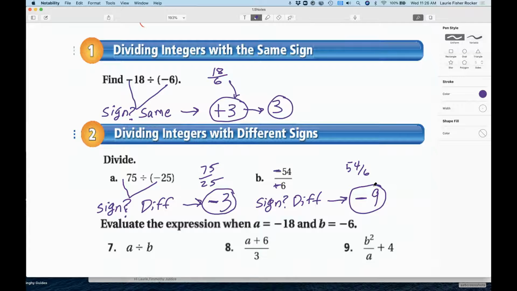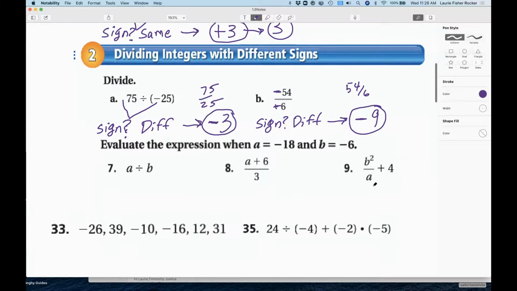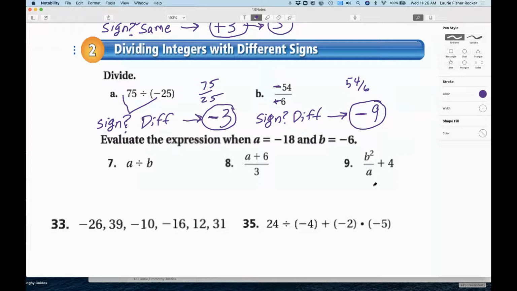You're going to have some problems that are a little bit different. You're going to have some evaluate problems. In the end, you're going to be dividing integers, but there are going to be some evaluate problems. So let me give you a couple of examples of that. A divided by B. Well, what does that mean? They tell you A is negative 18.